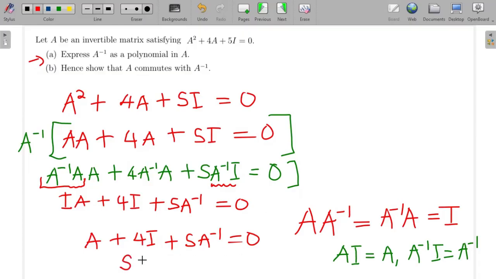So I have 5 A inverse equals minus A minus 4I.